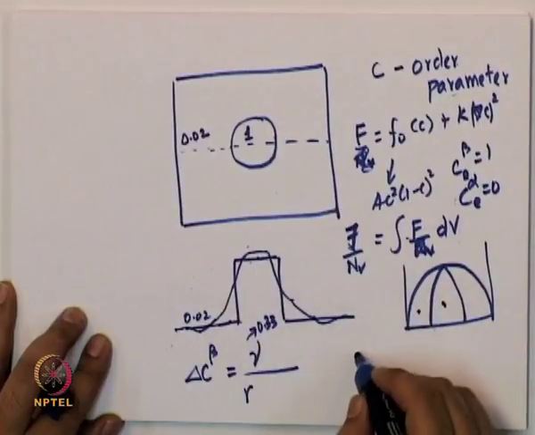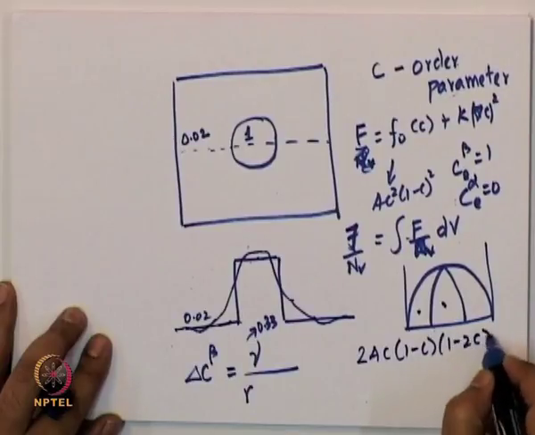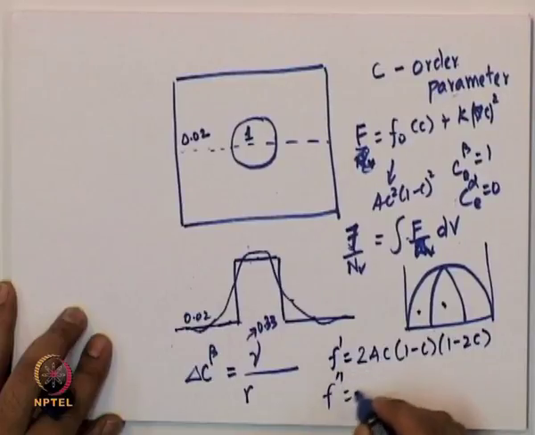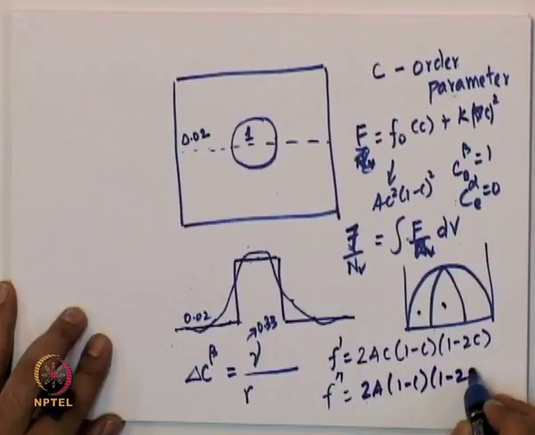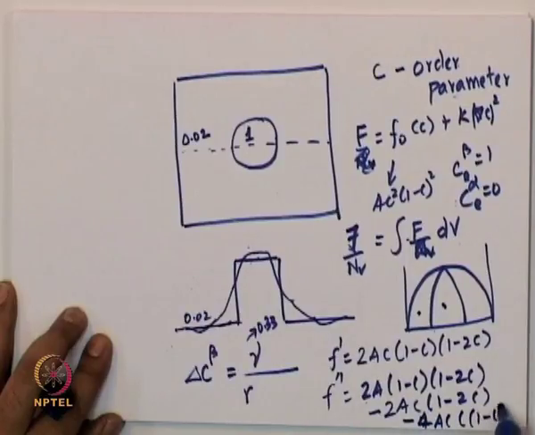So, let us do that. 2 A C into (1 minus C) into (1 minus 2 C) is basically F prime. So, F double prime will be 2 A into (1 minus C) into (1 minus 2 C) minus 2 A C into (1 minus 2 C) minus 4 A C into (1 minus C).